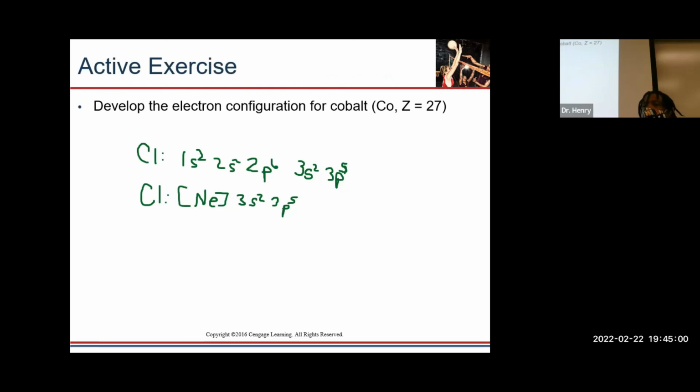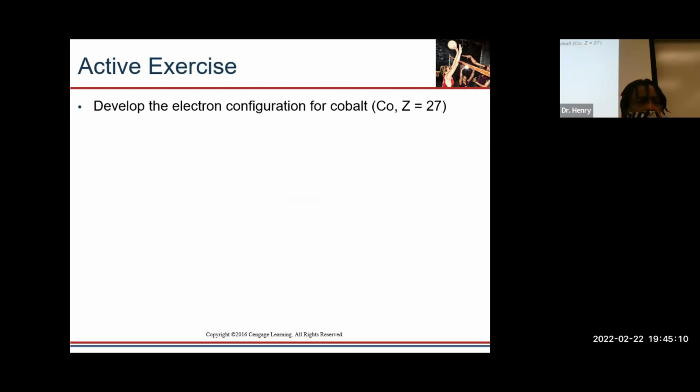Okay, cobalt. Let's write the electron configuration for cobalt, the short way.